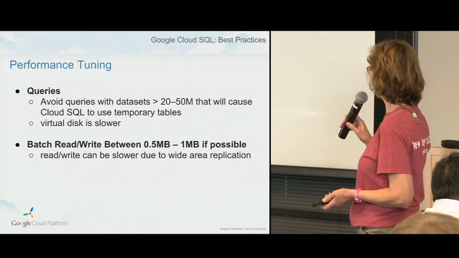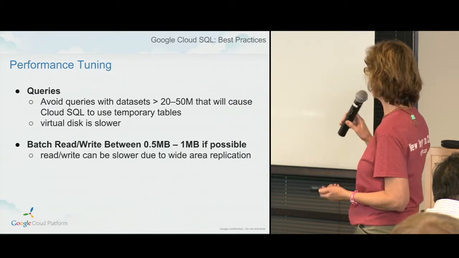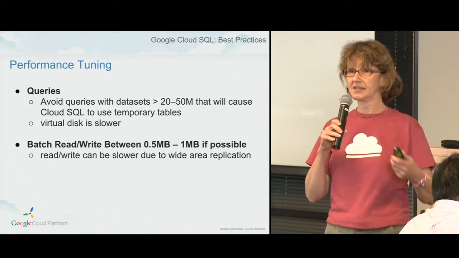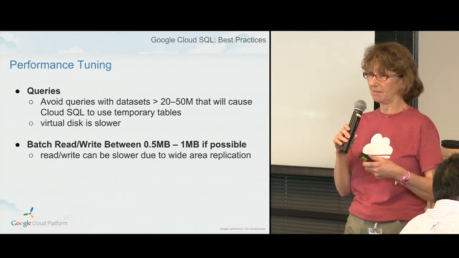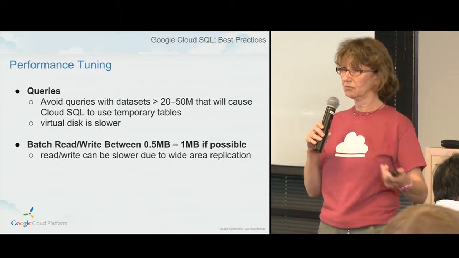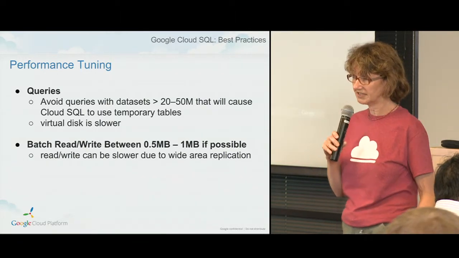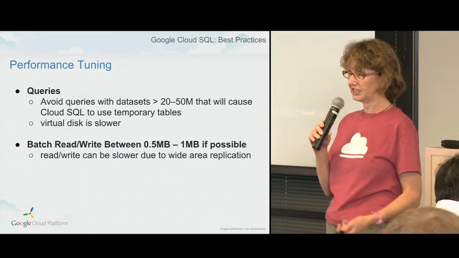For performance tuning, bear in mind that your Cloud SQL instance is living on a virtual machine. It's not on a local workstation. It's not on a workstation down the hall. And when things go into the memory, it gets slower.